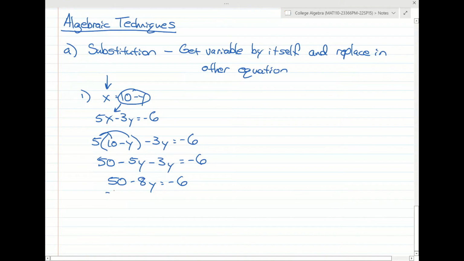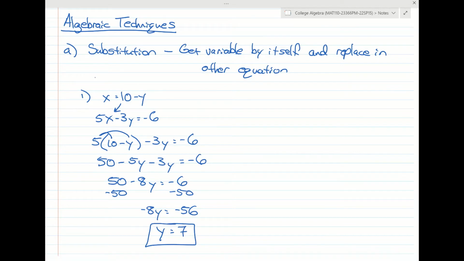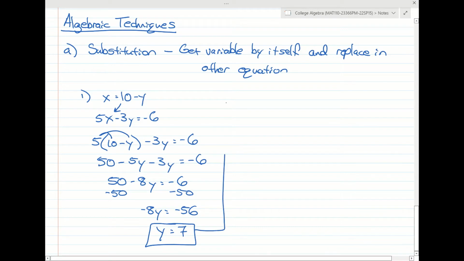And just finishing, bring the 50 over. -8y would equal -56, so y would be 7. If y is equal to 7, we just plug it back into one of the originals.